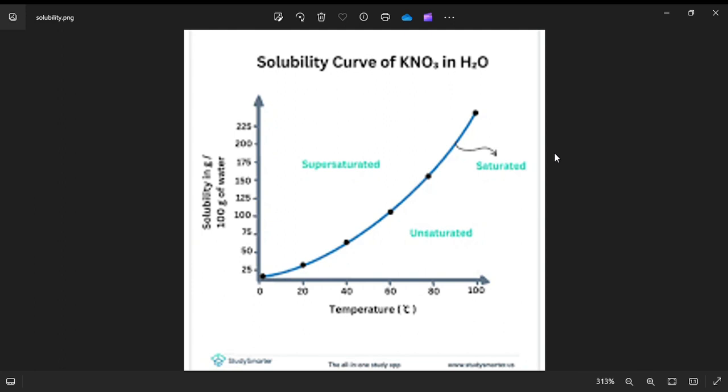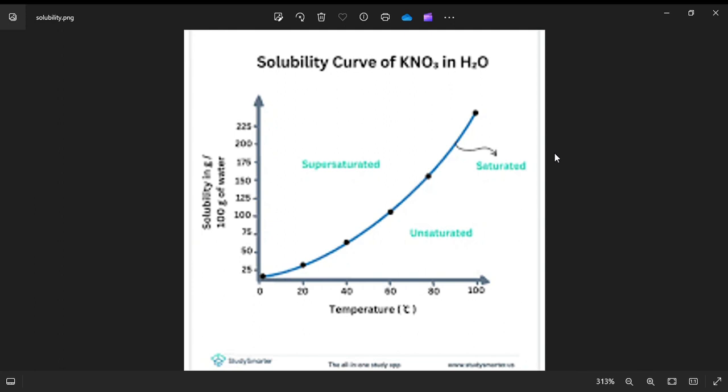The nature of your solvent will tell you how far the solubility will go. The nature of the solute will also dictate the amount of the solute you are putting in. That is to tell you that there are saturated, unsaturated, and supersaturated solutions, depending on the amount of solute.